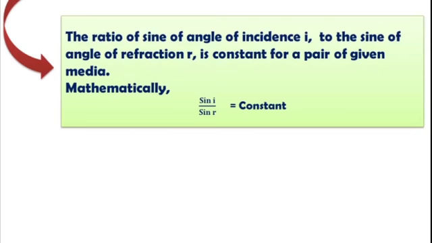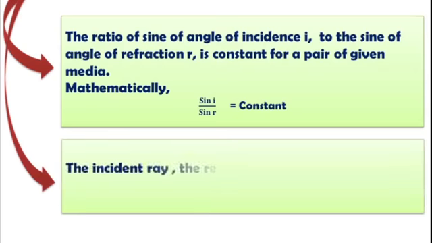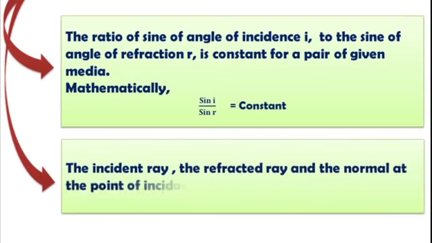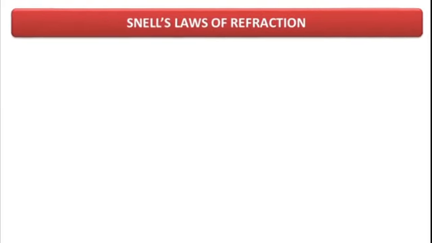And the other law is number 2, the incident ray, the refracted ray and the normal at the point of incidence all lie in the same plane. So, the two laws of refraction, or Snell's laws of refraction, are as follows.